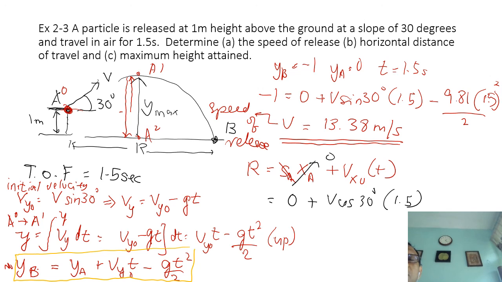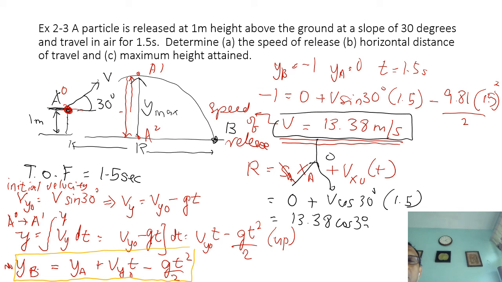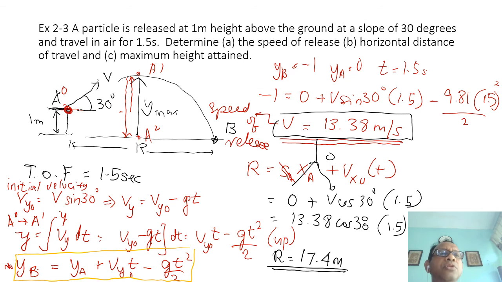We know the value of V here, so you pump in the value of V. We will have 13.38 cos 30 degrees times 1.5. So R equals 17.4 meters. So that is the answer to example number 3.